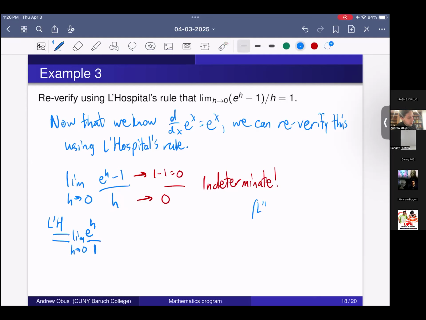Remember L'Hopital's rule says that the limit as x goes to a of f of x over g of x equals the limit as x goes to a of f prime of x over g prime of x if you get an indeterminate form.